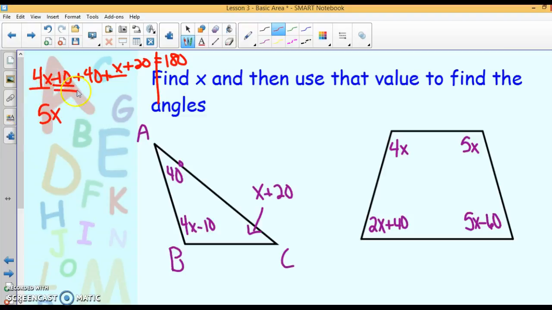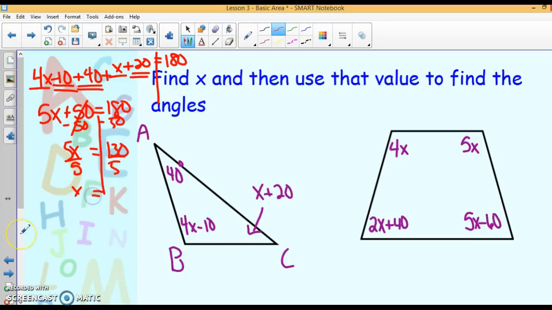Minus 10 plus 40 plus 20 is plus 50 equals 180. Subtract 50 from both sides, and I'm going to have 5x is 130. And then, to finish solving, I'm going to divide both sides by 5, and x is 26.